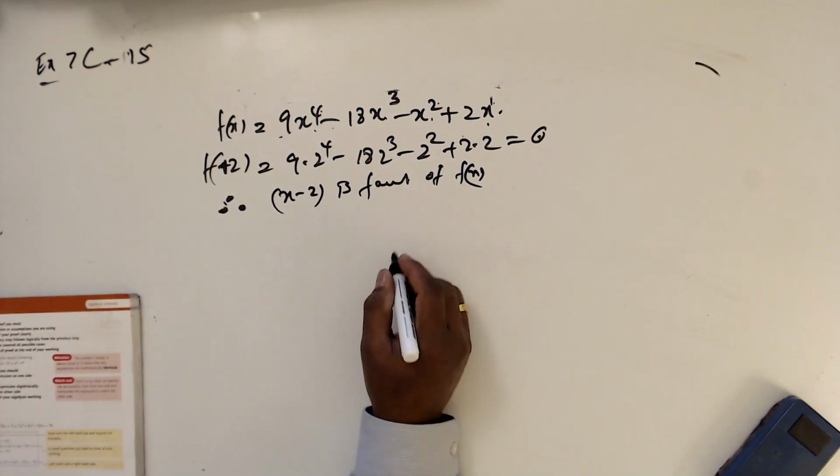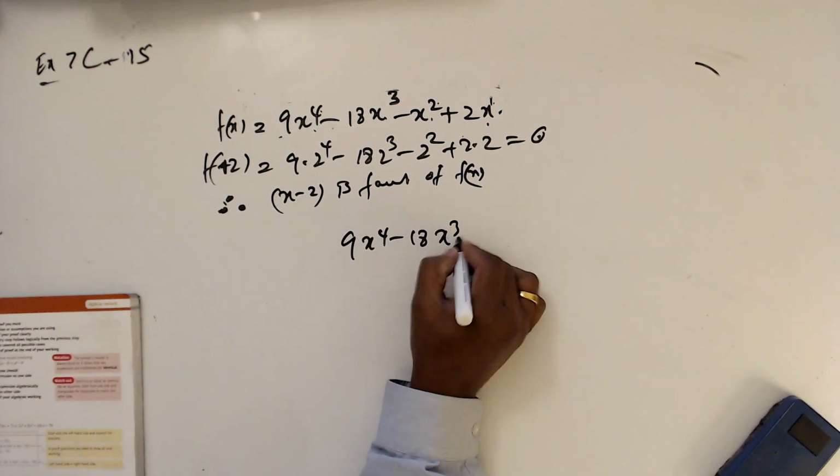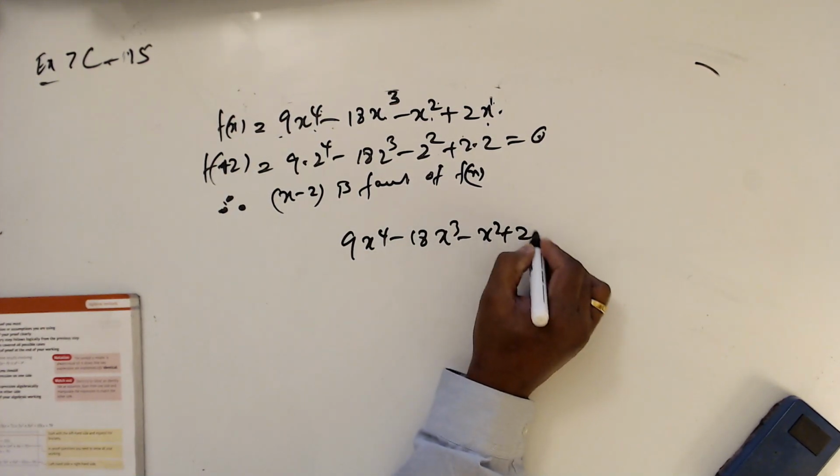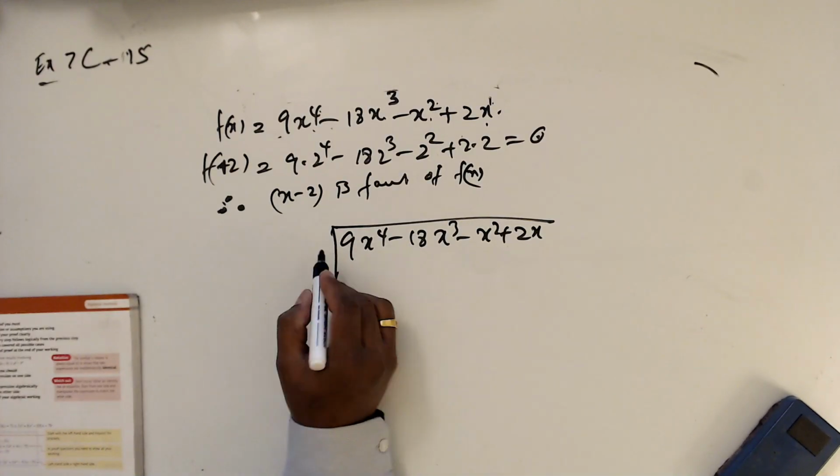Actually, I'll go with this method, x² + 2x. So I'm going to divide by x − 2.